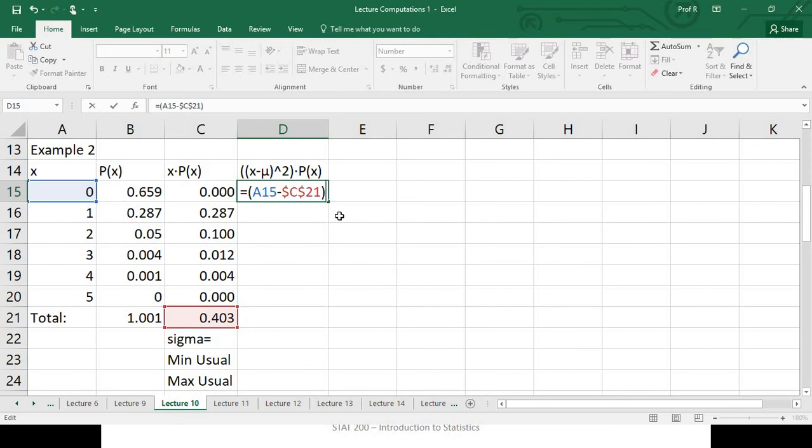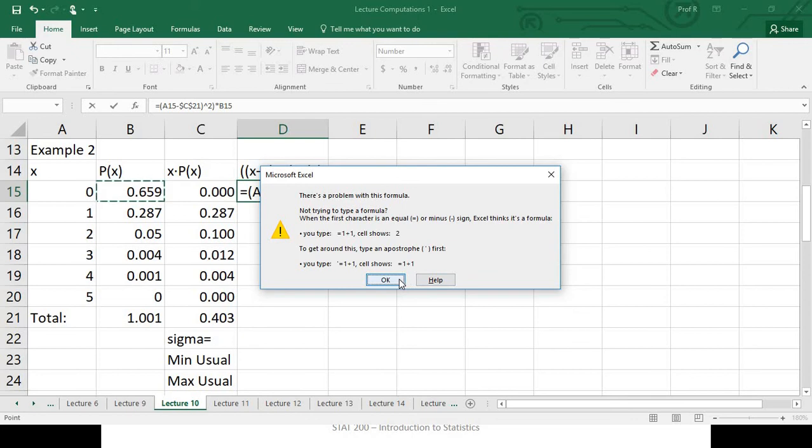We want to do the exponent, and to get this little exponent symbol here, that is Shift 6. That's called the caret key. So it's Shift 6. And then we want to square it, and we'll close our parenthesis again. And then we want to multiply that by the probability of x.